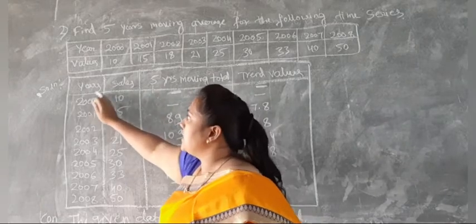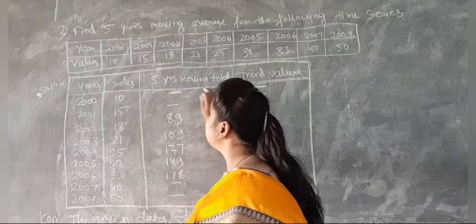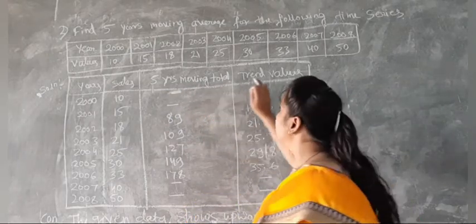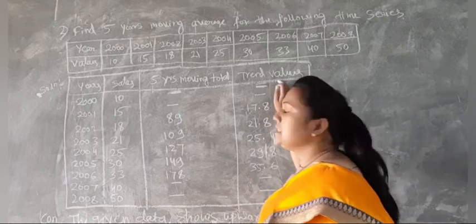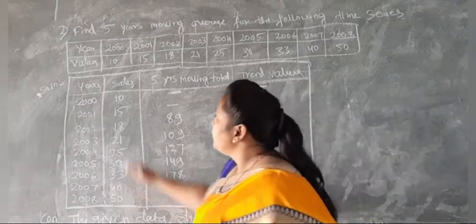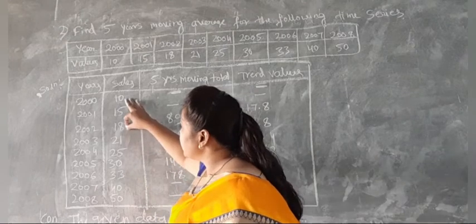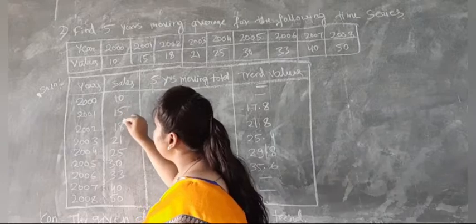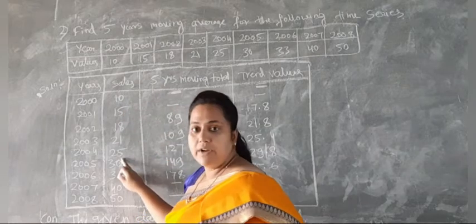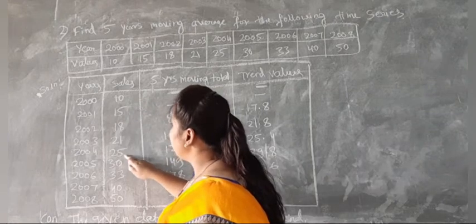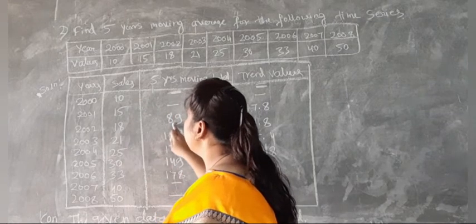First one is for year, second one is for sales, third one is for 5 years moving total and the fourth is the trend value, also called average values. Now in the sales part, we consider 5 years of sales values 10, 15, 18, 21 and 25. The total is 89.